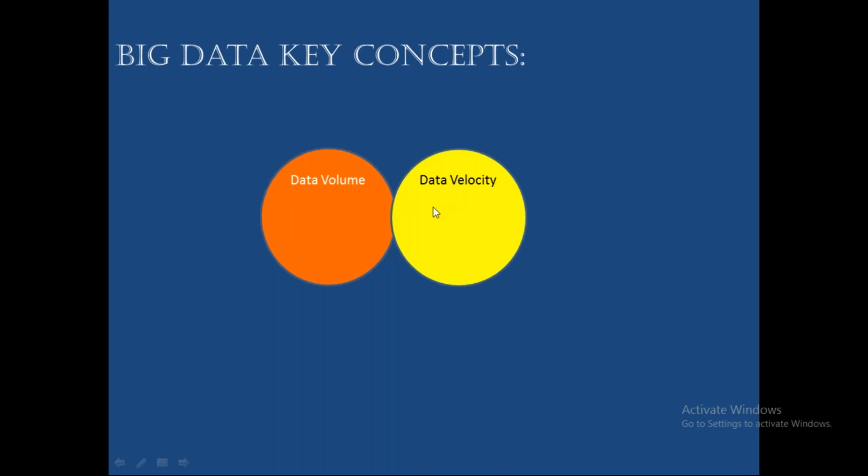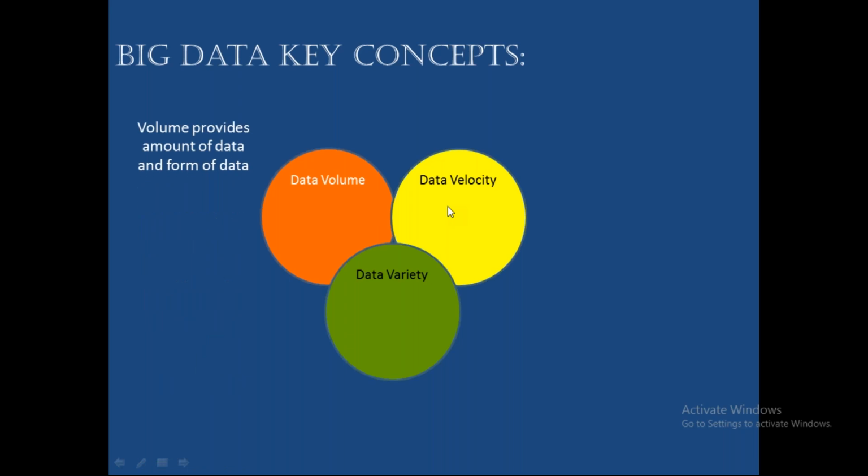You need to mention that time here. Finally, the third parameter is data variety: the different types of data, whether structured, semi-structured, or unstructured.